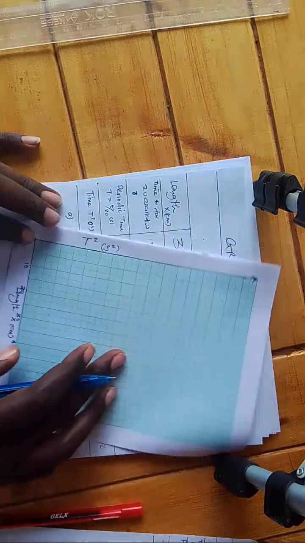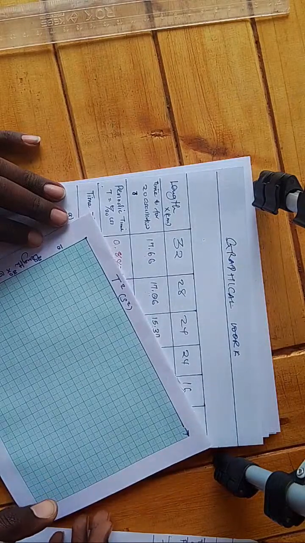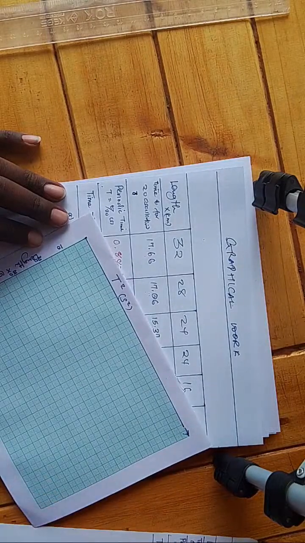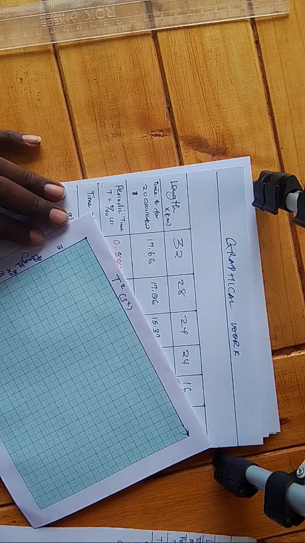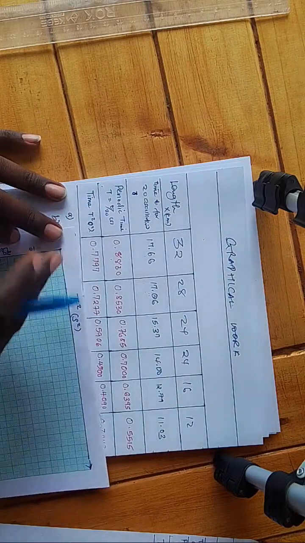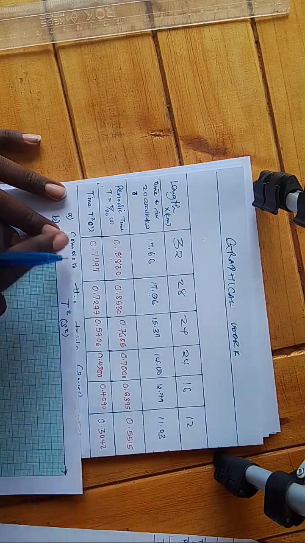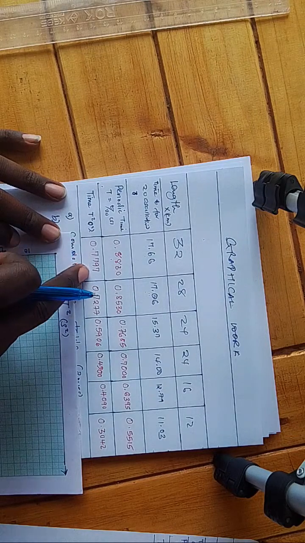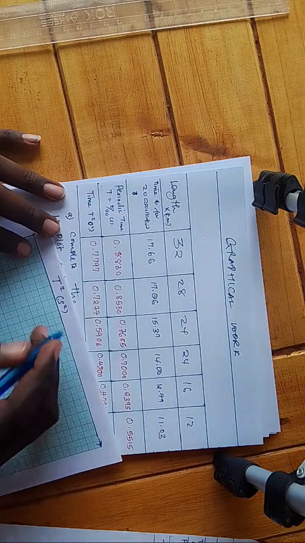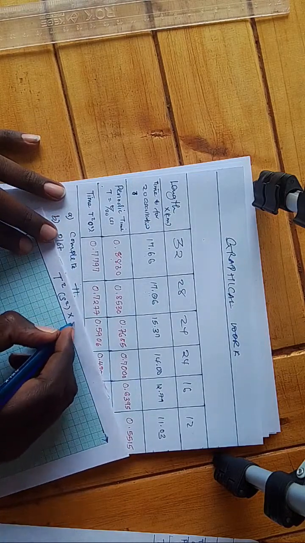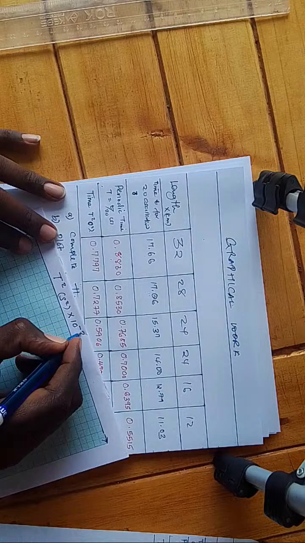On the other one, because it is having several numbers, running from 0.3042 all the way to 0.7797, I would like to write this one in times 10 raised to power negative 2.